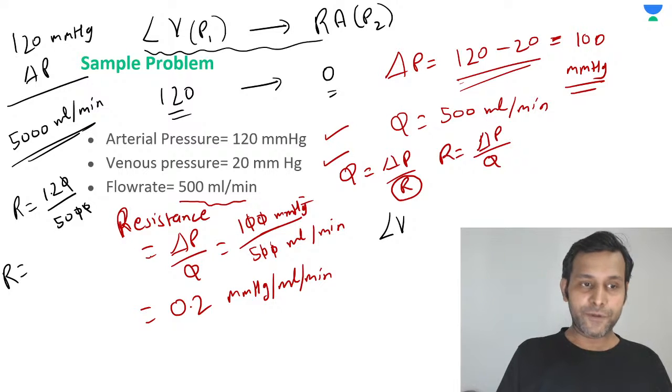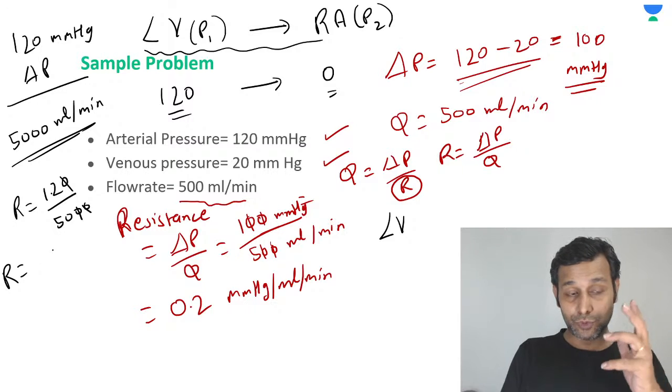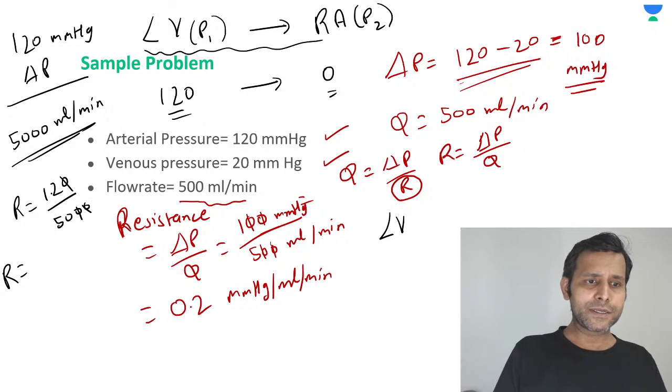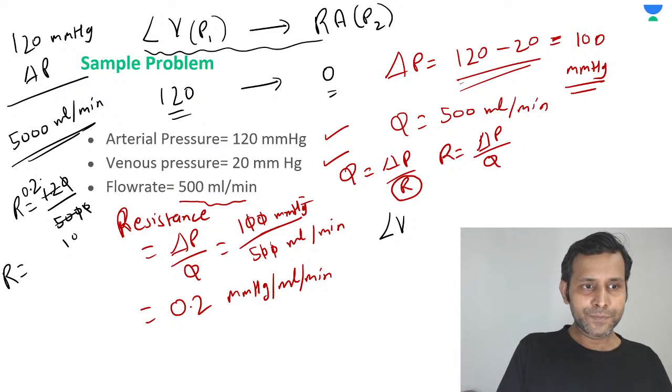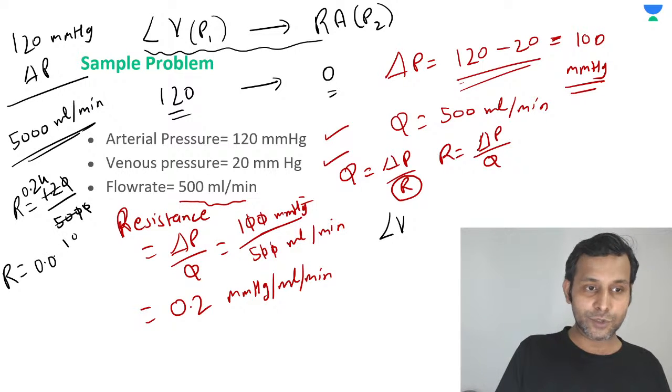So 1.2 divided by 50 will be quite difficult mathematically right now, but let us make it simpler. 5 tens are 50 and 5 twos are 10, and 5 fours are 20, isn't it? 0.24. So 0.24 divided by 10 will give 0.024.